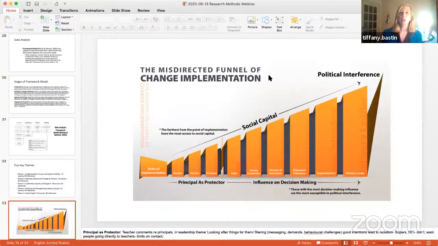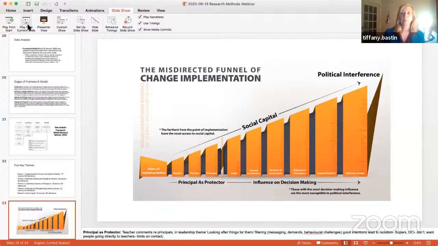So this visual, if you can see, is called the misdirected funnel of change implementation. On the very left side where the funnel is getting narrow, it's getting smaller, that's the point of implementation, and that's where the teacher is, and that's where the students are, and that's where the principal is.